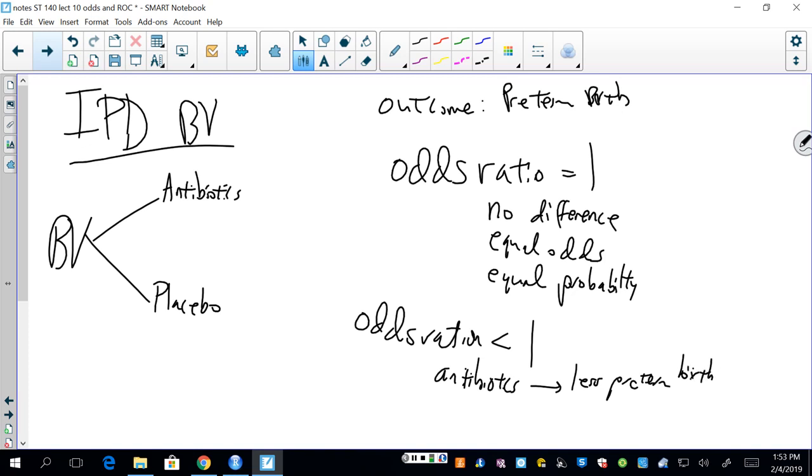Now it turned out that for one drug, metronidazole, the odds ratios were very close to 1. It didn't make much difference. But this other drug, clindamycin, on women who were at risk because they'd had preterm birth before or had elevated levels of some diagnostic criteria, seemed to make some difference.